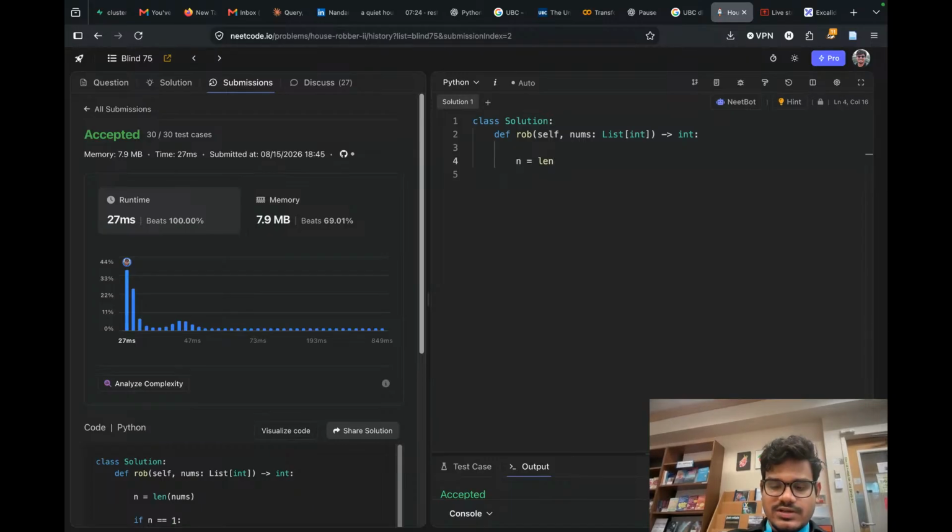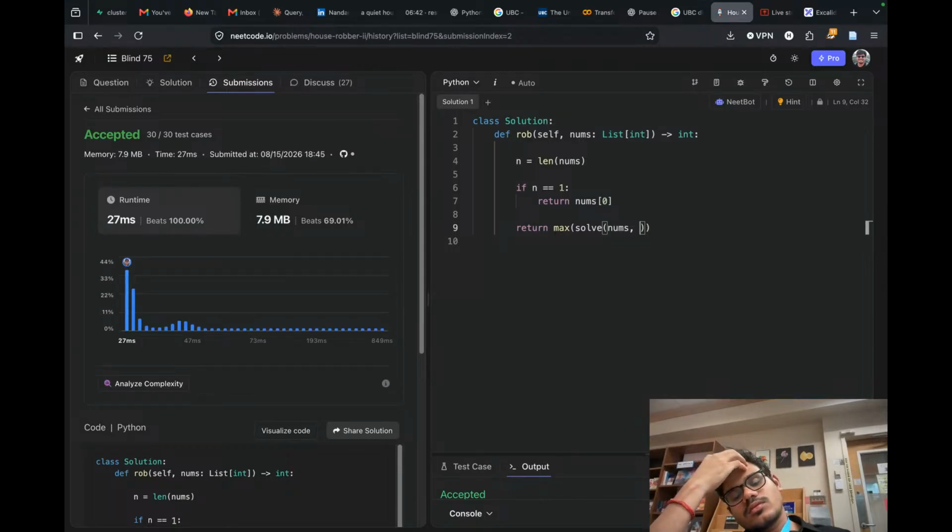So we can say n is equal to length of nums, and if n is 1, just return nums of 0, otherwise return max of, let's say, solve nums, and here will be the index i and j.